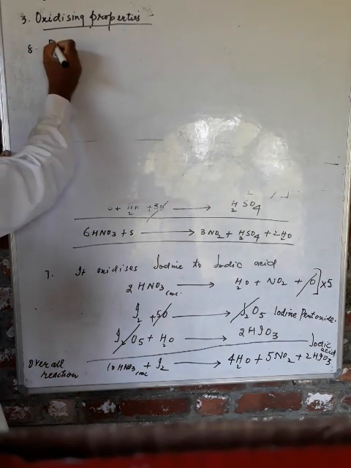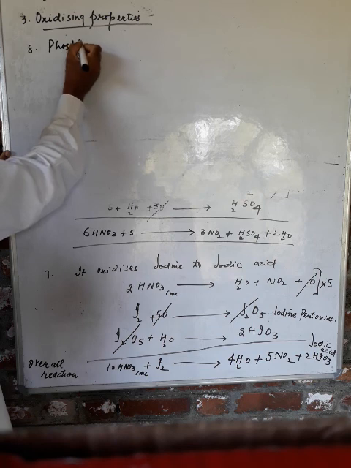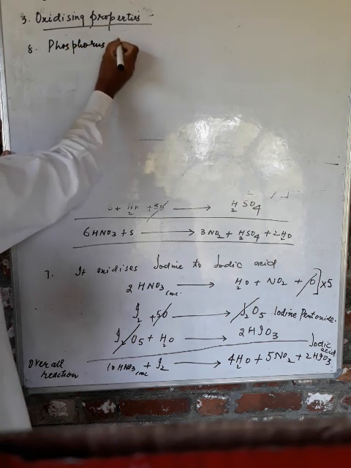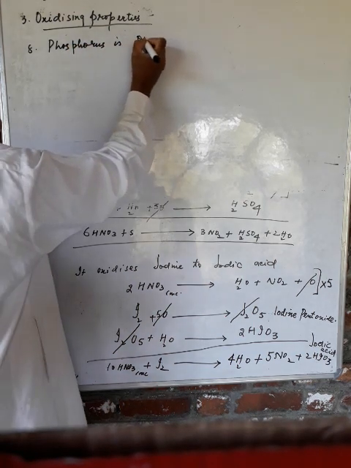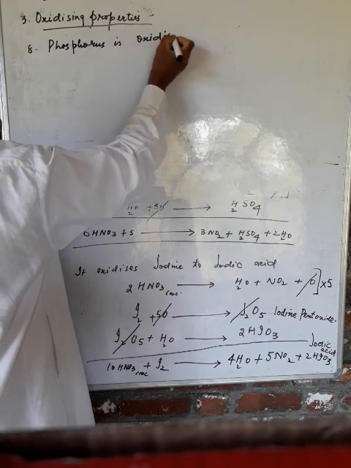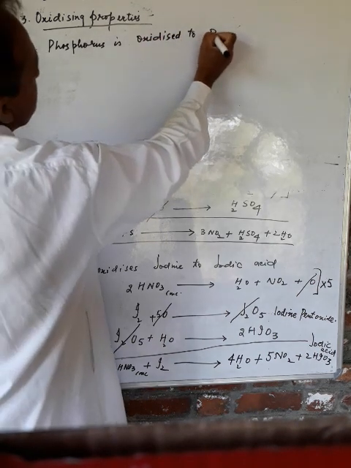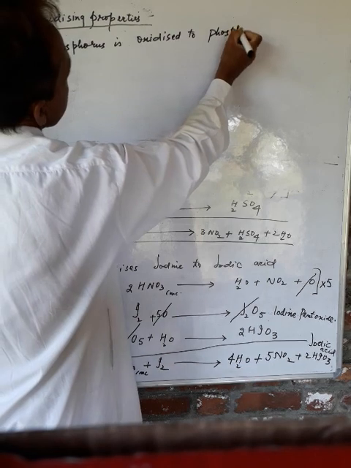Phosphorus is oxidized to phosphoric acid.